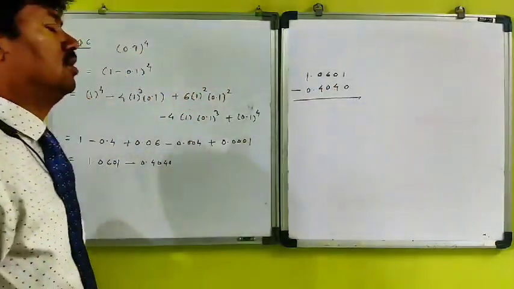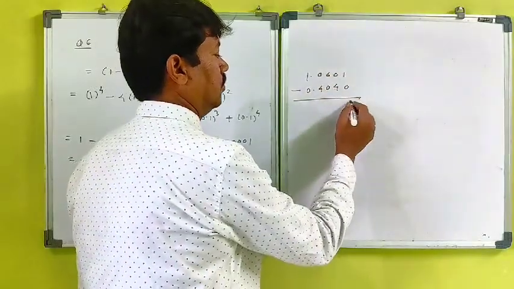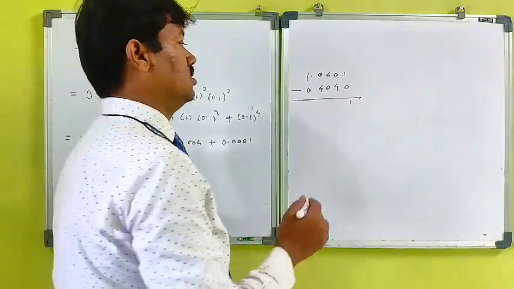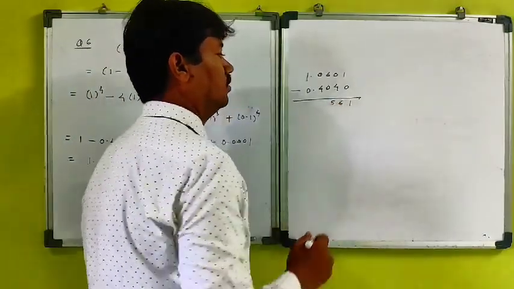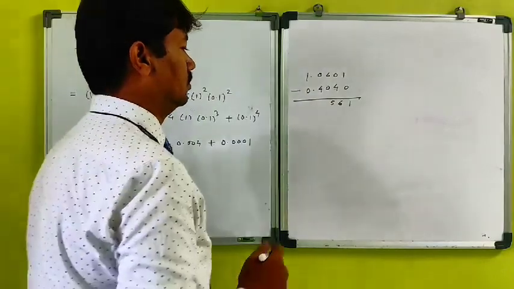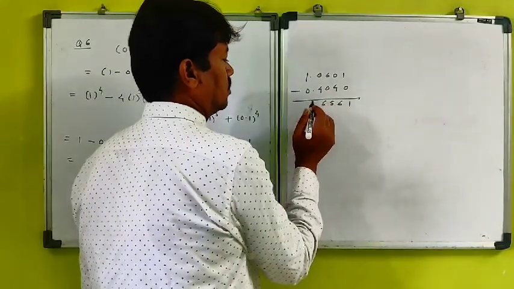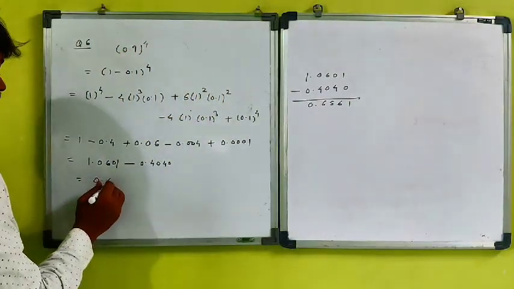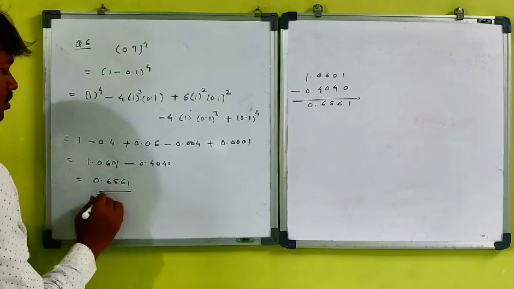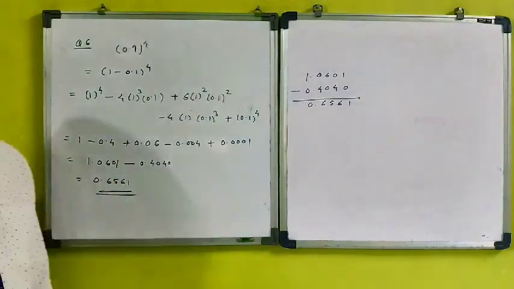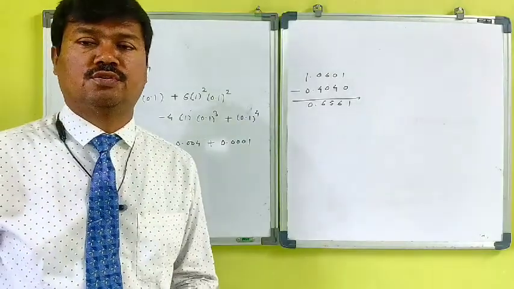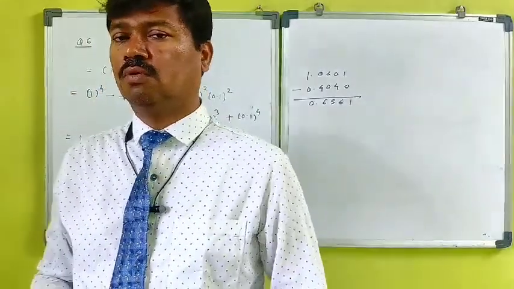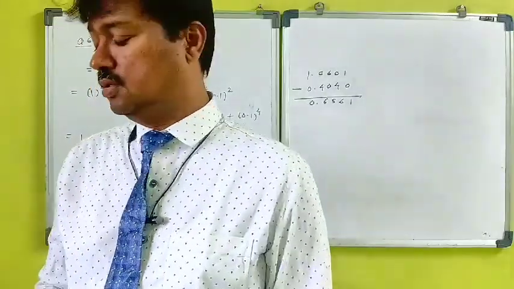So what is this? 0 minus 4, that is 6, 5, 6, so it's 0.06561. That is the value for 0.9 raised to 4. So it is a very easy sum. It just goes on decreasing the power of one term and increasing the power of the other.